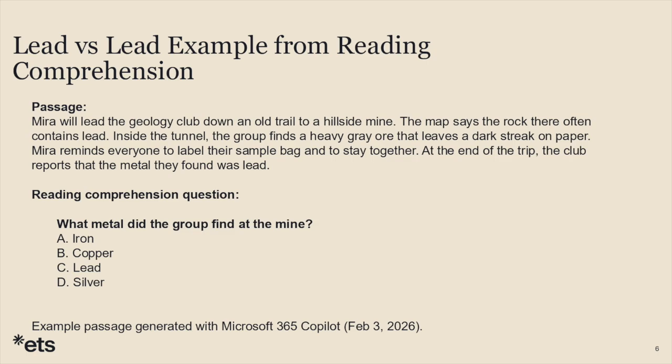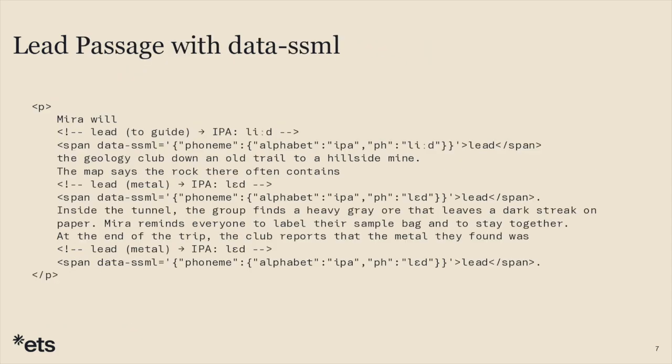And so you can read the rest in the slides, but what I want to show is that both pronunciations within this context are correct. And the author being able to specify it leads to ensuring the test construct is measured accurately. This is the same passage with SSML included in it using the phone name and IPA pronunciation.